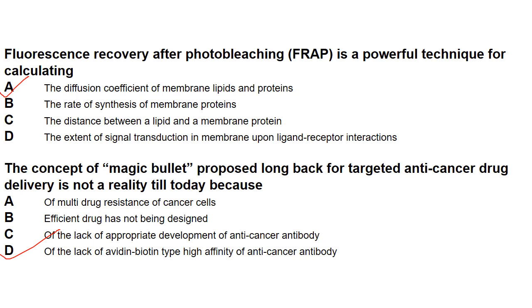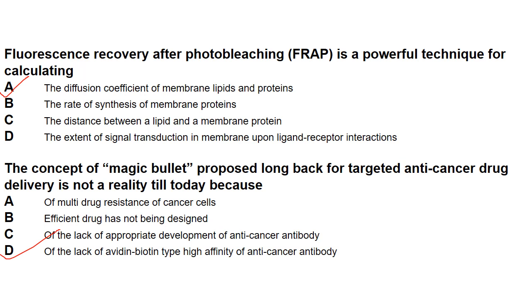The concept of magic bullet proposed long back for targeted anti-cancer drug delivery is not a reality till today because of the lack of avidin biotin type high affinity of anti-cancer antibody.